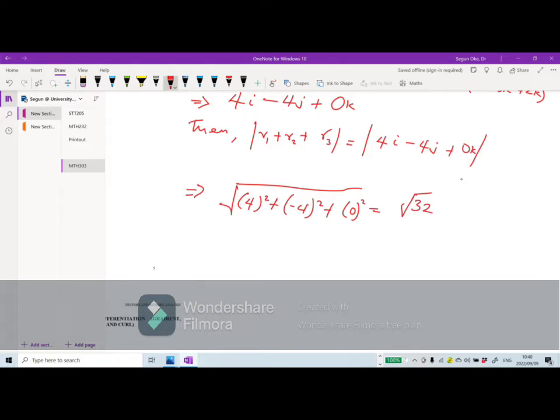How do we break 32 down? You recall from the surd method, you can say it's the same thing as 16 multiplied by 2, which is the square root of 16 multiplied by the square root of 2, which equals 4 root 2.